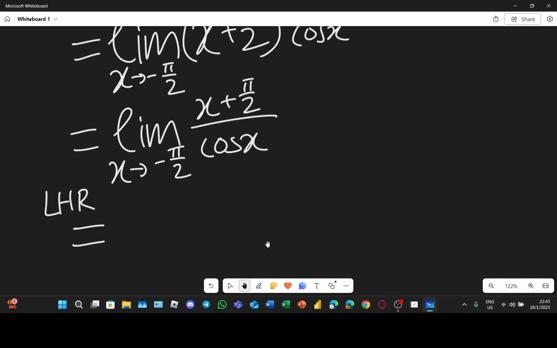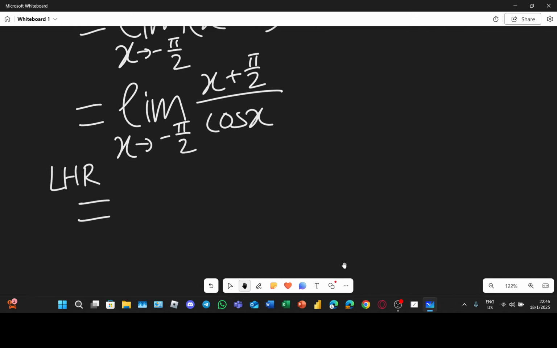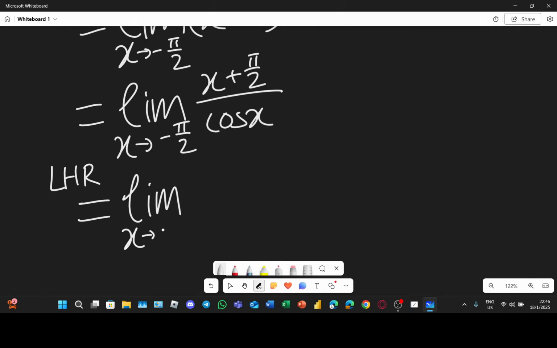So what L'Hopital's rule says is that for the limit of a rational function, if the numerator and the denominator lead us to an indeterminate form overall, what we can do instead is take the limit of the derivative of the top function over the derivative of the bottom function.